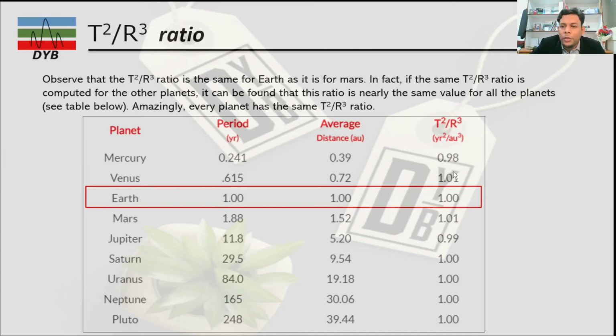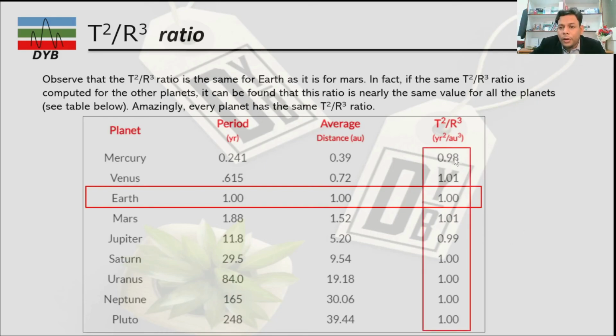But if we move closer to the Sun, Mercury takes 0.24 years to revolve one orbit, and the distance is 0.39 from the Sun, so still the ratio appears to be the same. Like Venus, you can see this one, and so on, like Mars and Earth, which have a close relationship.